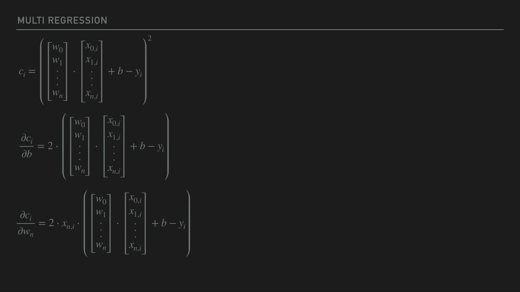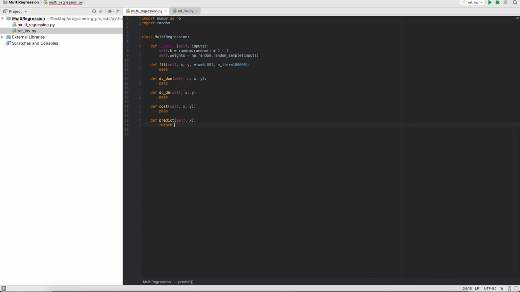And if we go back to our formula, we know that we can get the prediction. This is the derivative of the cost, right? But the prediction is just a dot product between all the weights and all the inputs for one point plus b. So this is just a prediction. So let's just return np dot dot.